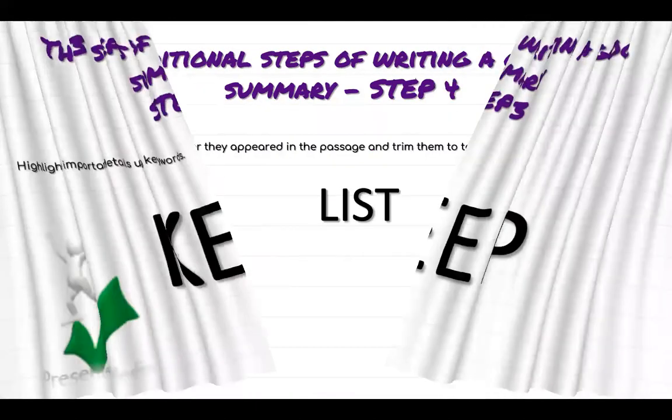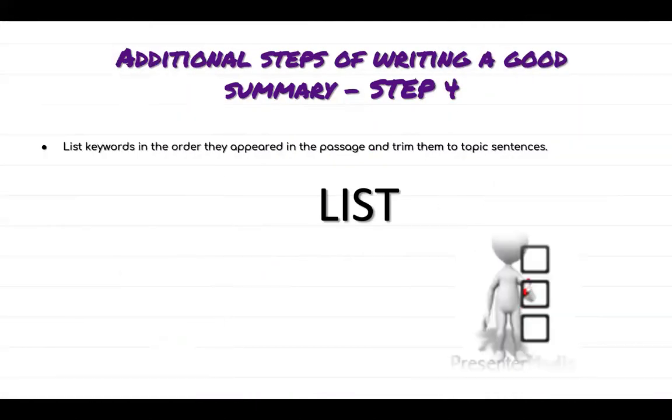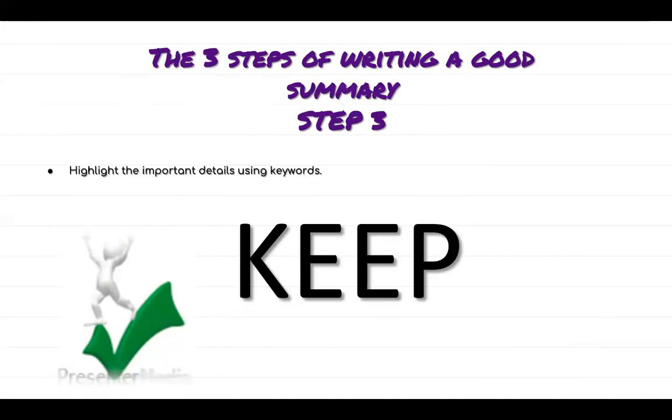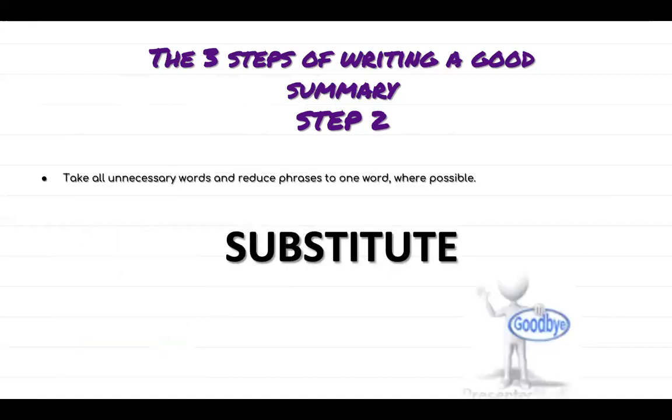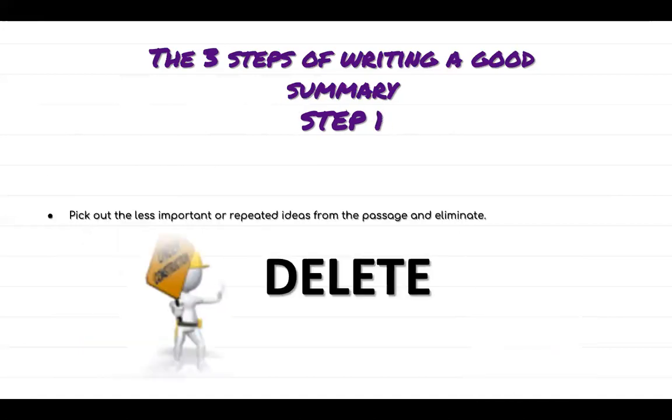And then you've got these additional steps. Okay, so remember the first 3 steps. Let's go back. The first step, we delete. So we take out anything that's unnecessary. Everything that's repeated, we just delete it. Then we substitute.